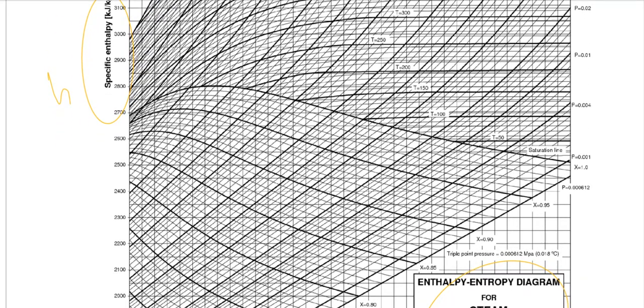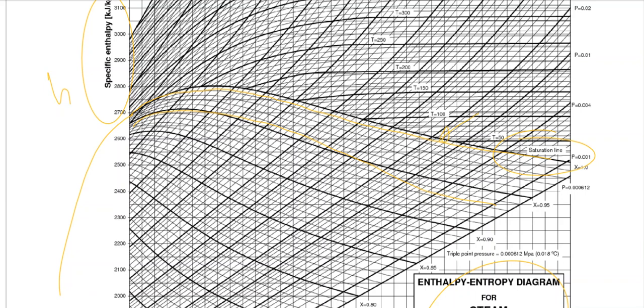Now, if I look at the HS diagram itself, there are a number of lines in this diagram. So let's check one by one what each line represents. If you check this distinct curved line over here, and if I complete it, it will make sense, as it looks like a vapor dome. So these are my saturation lines, in other words, the saturation vapor line.